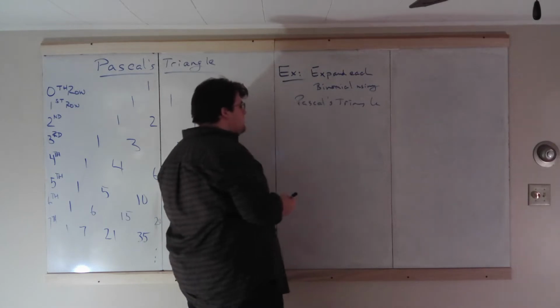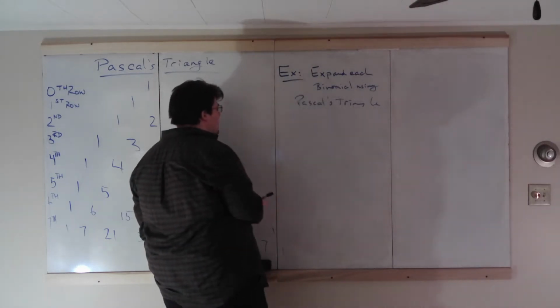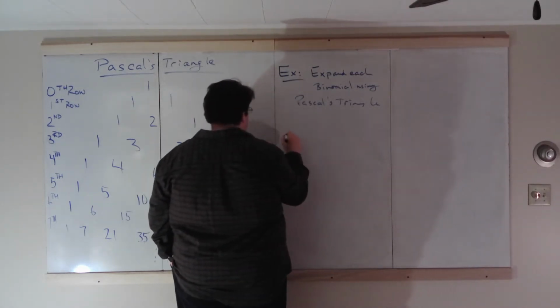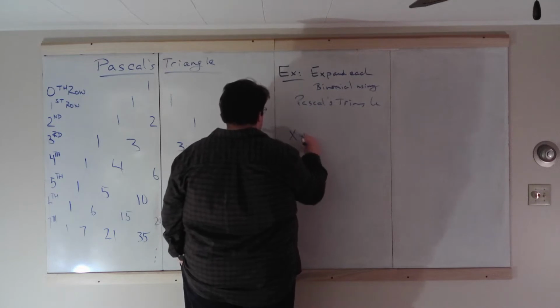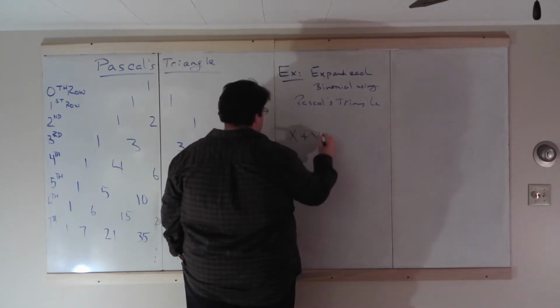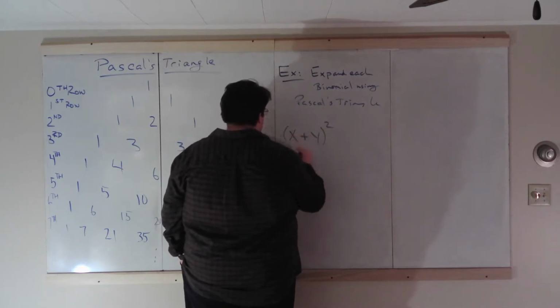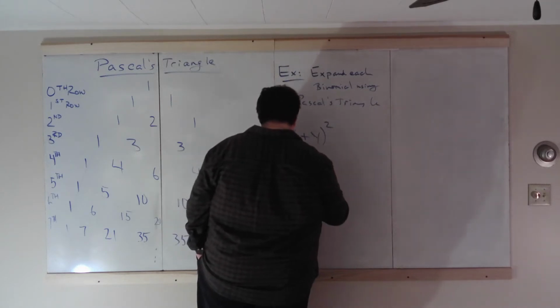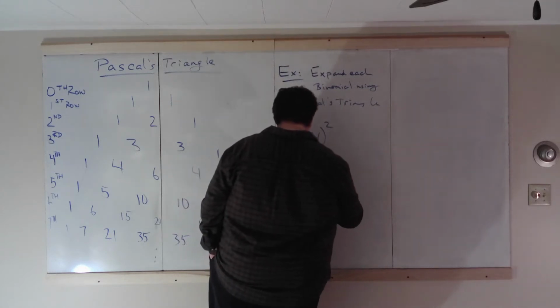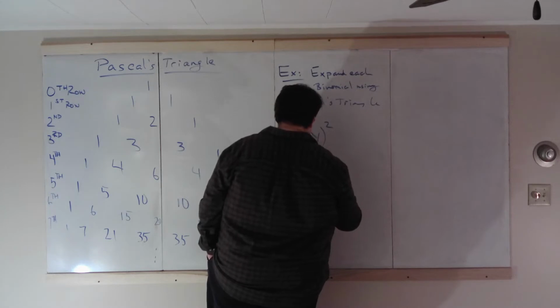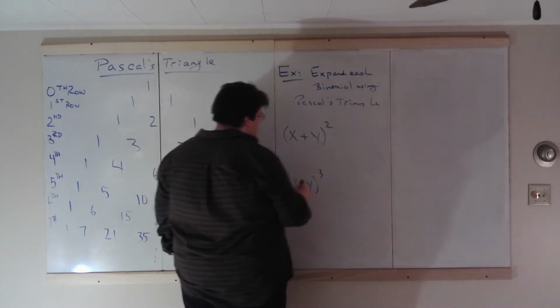What's a binomial? Well, it's 2 things added together, 2 variables, let's say. So first we'll do, let's actually do 3 examples. Let's do x plus y squared. Let's do x plus y cubed. And let's do one more after that.